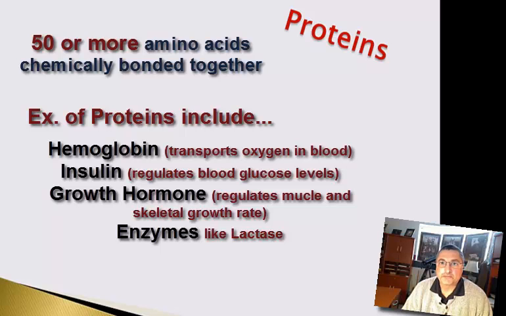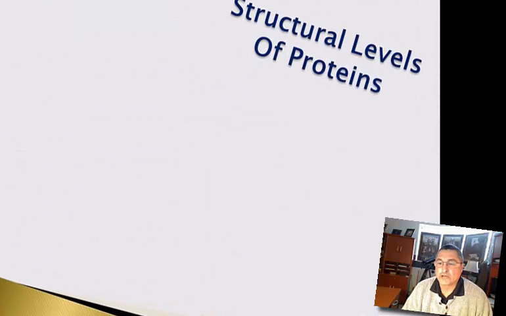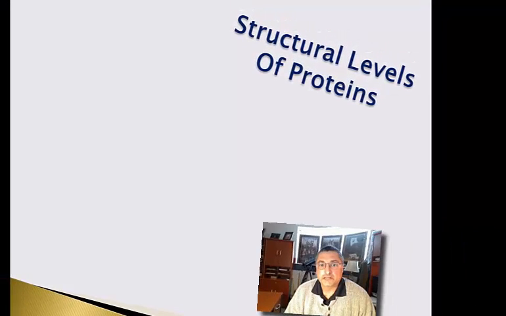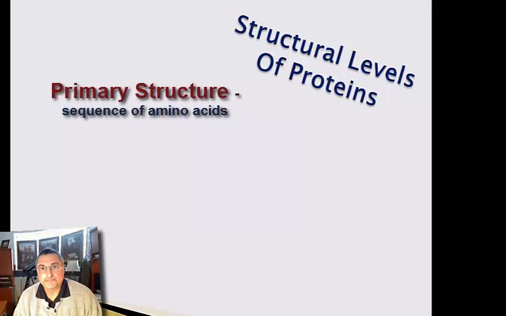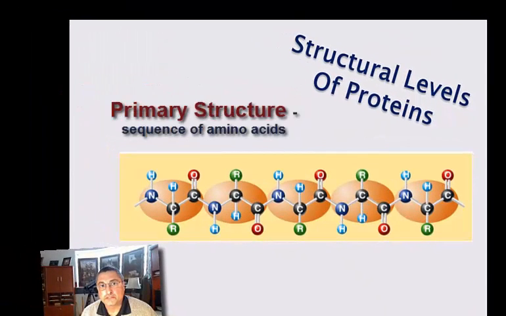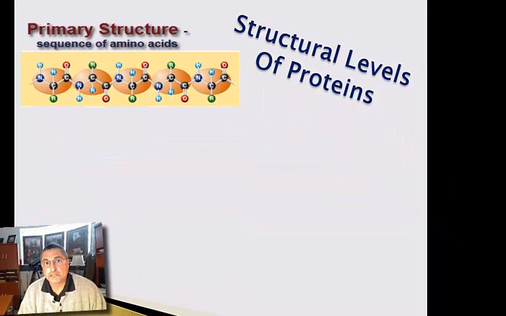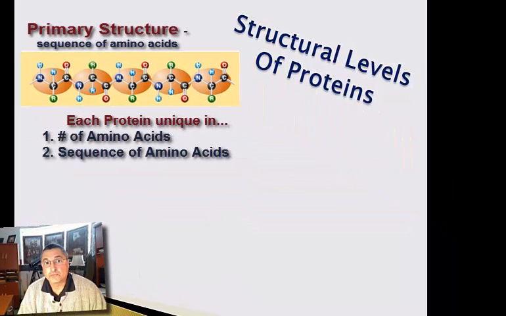And when we're looking at these proteins, we're going to find that proteins will have a variety of structures to them. The 4 key structures that we need to be able to identify include the primary structure. Now, the primary structure is just the sequence of amino acids. Realize that every protein is going to be unique in one, it has 50 or more amino acids chemically bonded, but it's also going to be unique in the order.